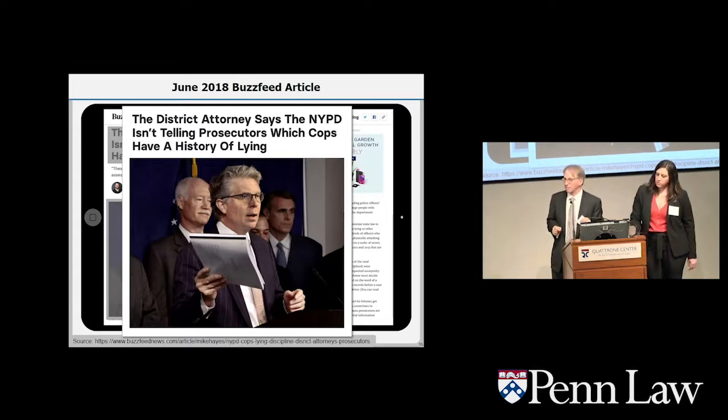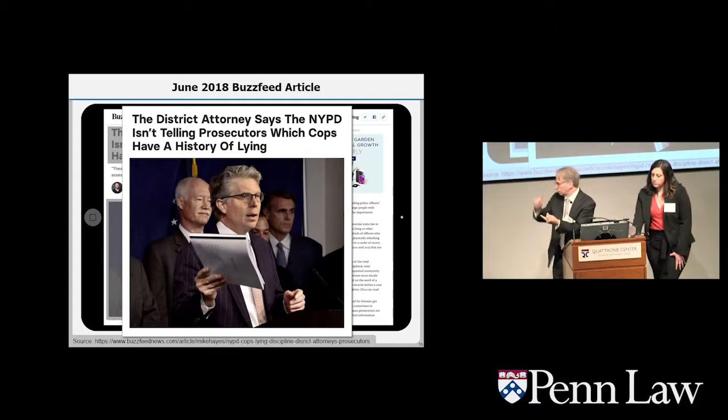The next thing that happened is that they sent a letter on behalf of all 4 district attorneys in New York to the NYPD saying, you know what? We want to know all the information from civil rights suits, CCRB, adjudicated acts internally. We want to know that, not at the end of the case, because so few cases go to trial. We want to know this right away in the complaint room when we come up with the charges.